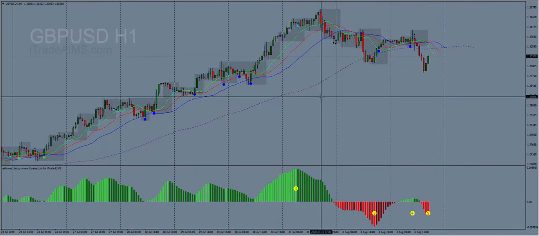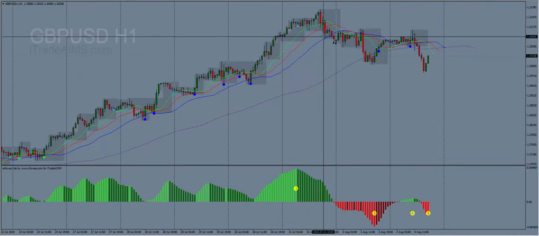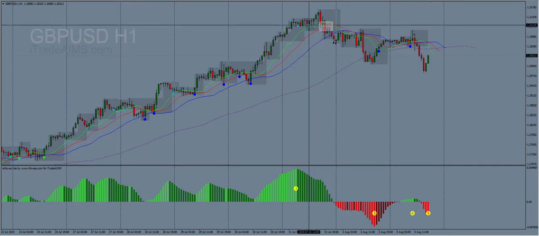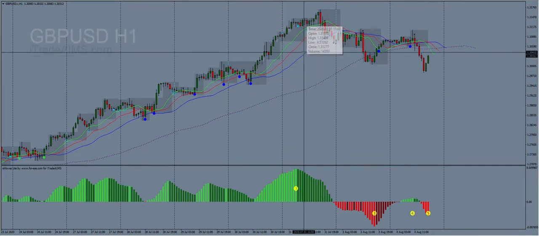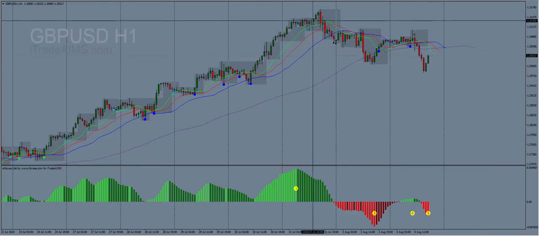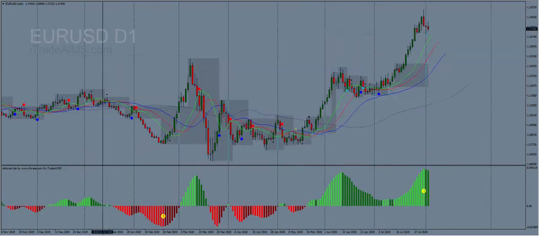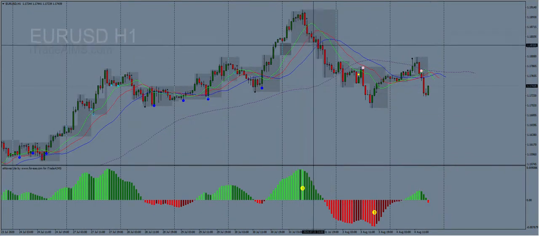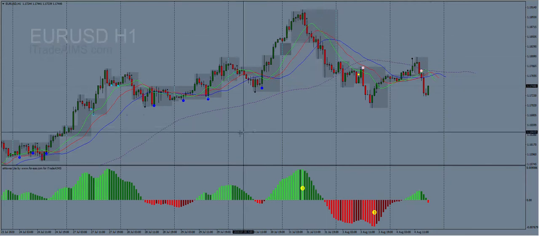Meanwhile, the pound was actually going up. So if you have a euro pound, and pound was either going up until that point, or it was at least maintaining its level, whereas euros started to come down on the 31st of July here. So the euros are going down and the pound is keeping in that motion.